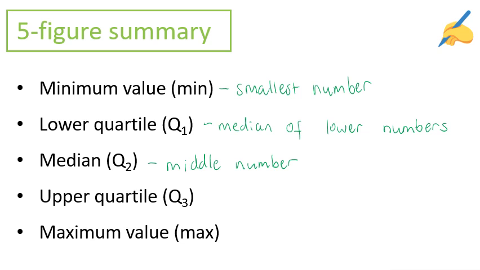Then we've got the upper quartile, also called Q3. So this is the median of the upper numbers. And then we've got the maximum value, or the max. So this is the biggest number.